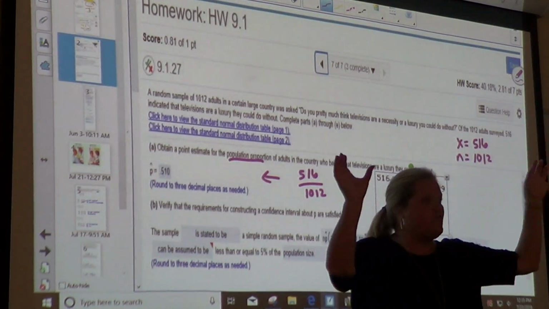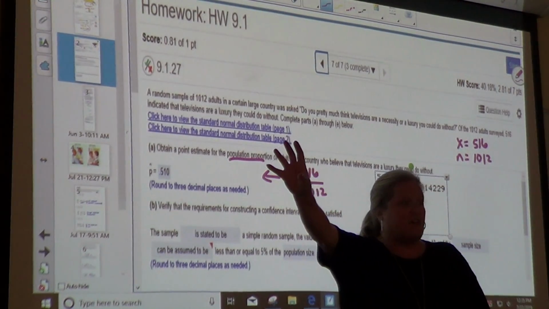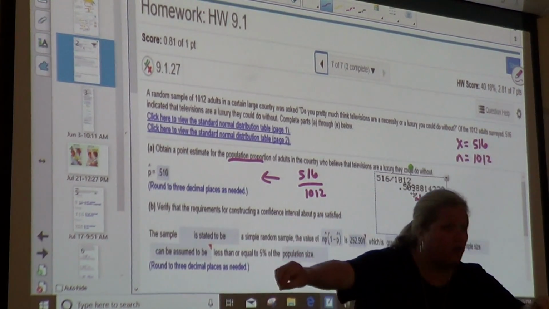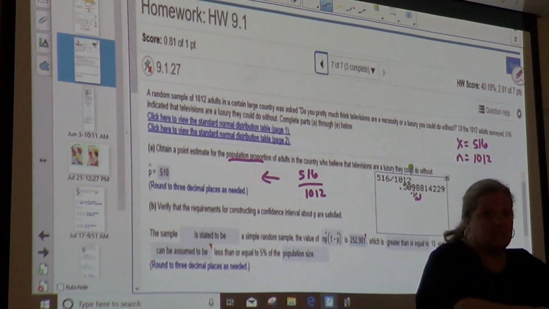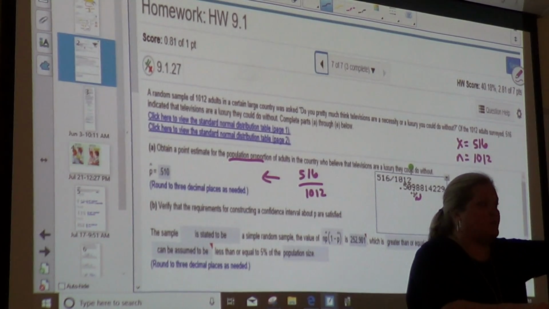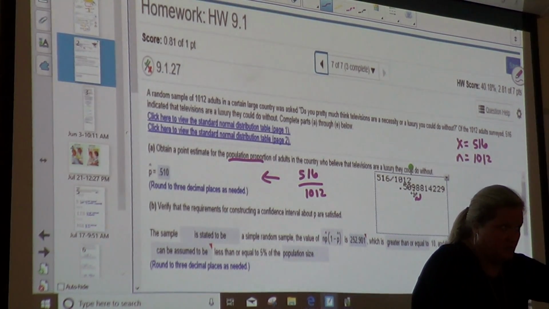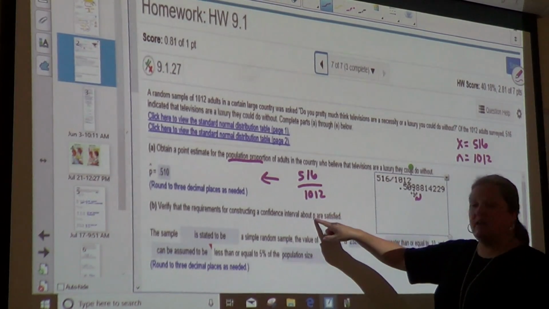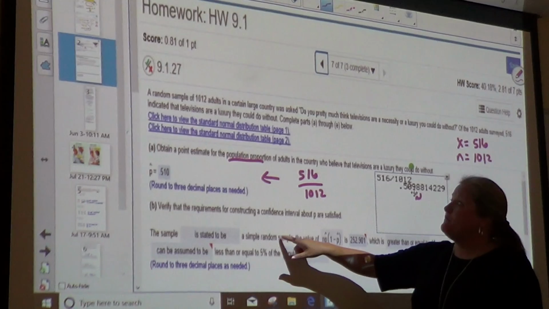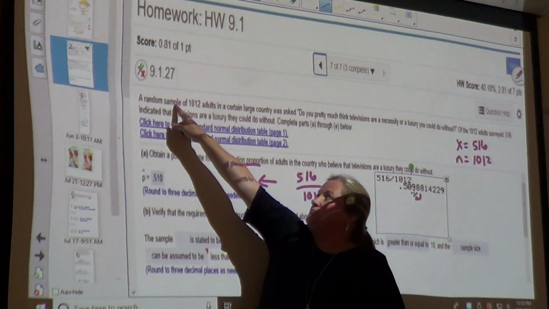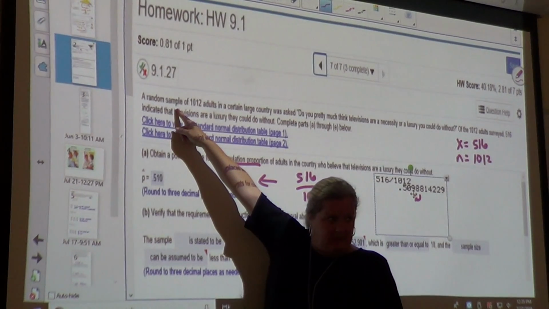So there are 2 formulas that we have to do for P: little n less than or equal to 0.05 times big N, and N times P times 1 minus P is greater than or equal to 10. Remember? So because we're doing a P problem, the sample is stated to be a simple random sample. They stated that it was a simple random sample.